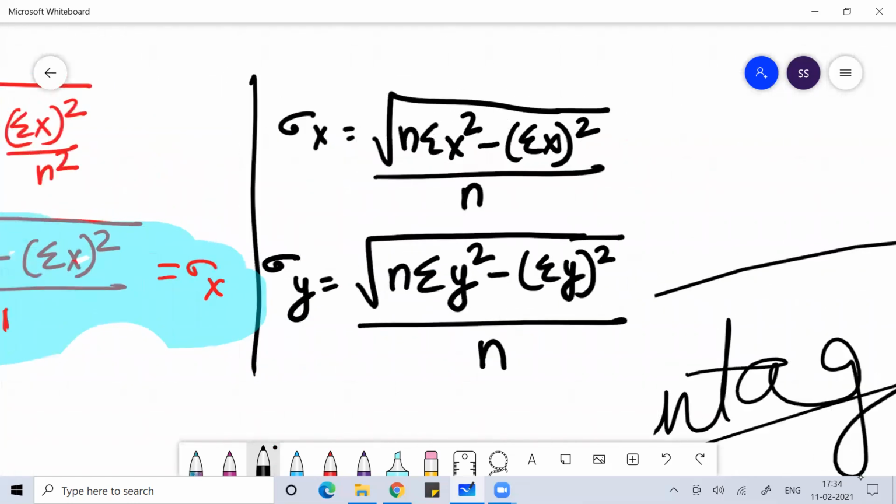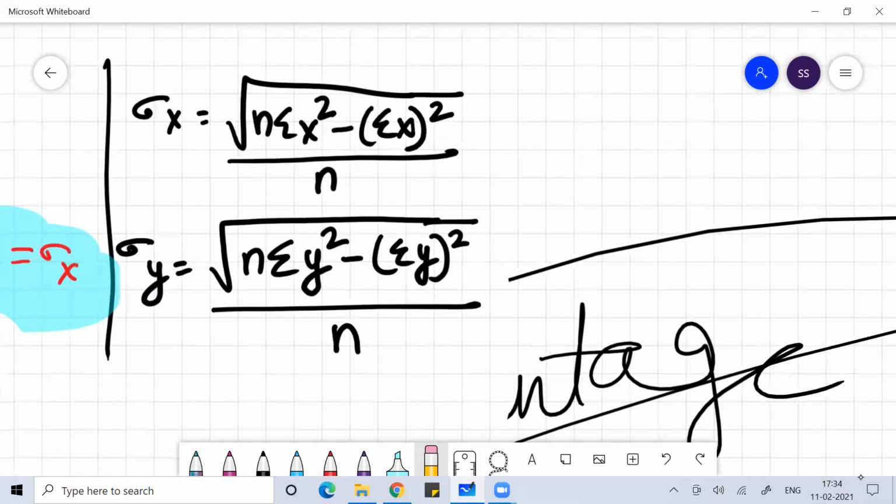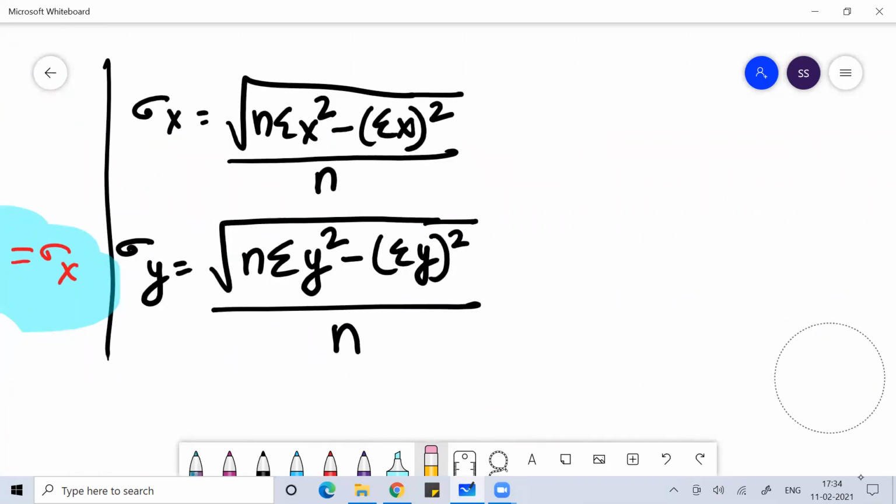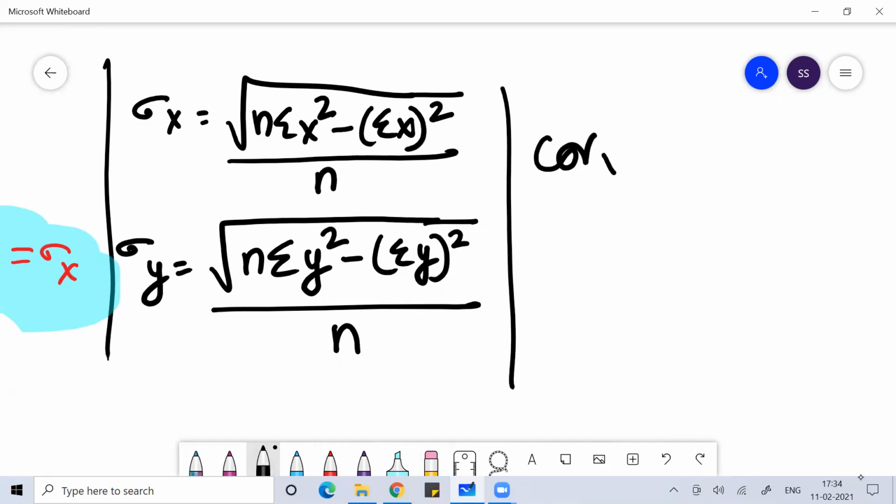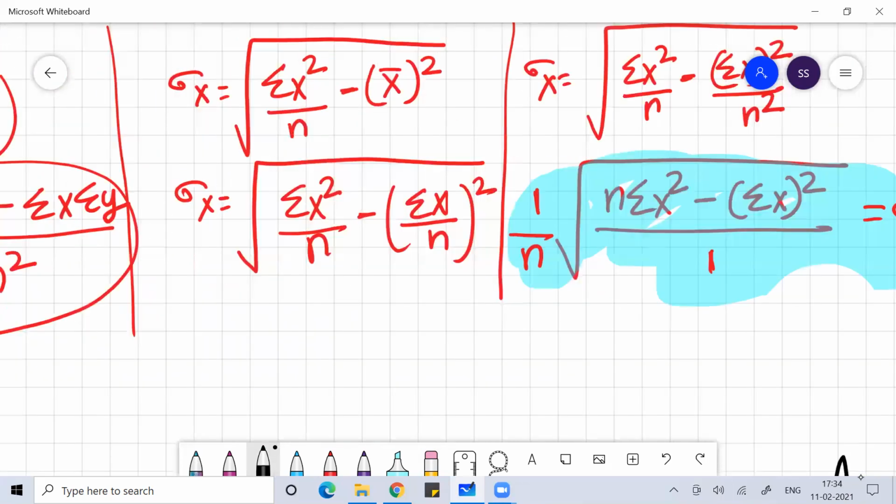Similarly, what is the covariance formula? The covariance between x and y, I can write as what I derived.